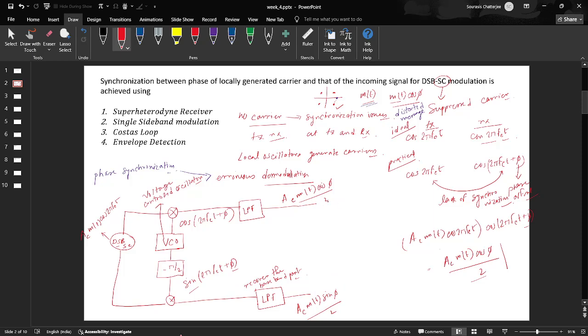Now the engineer's technique, the receiver: they say let us use a phase discriminator here. So this one here they are calling PD, or phase discriminator.